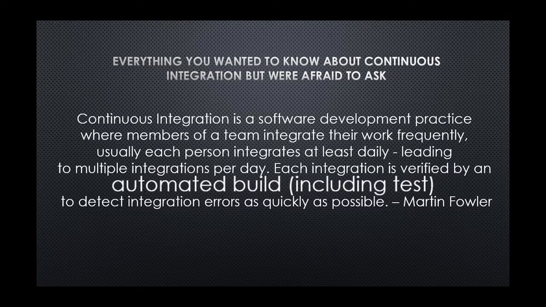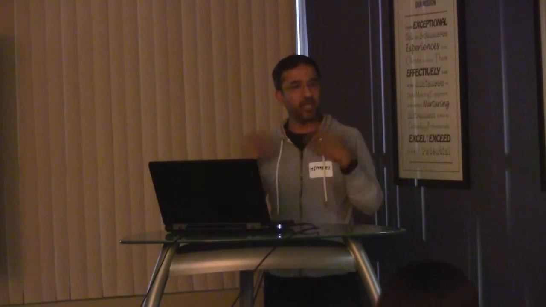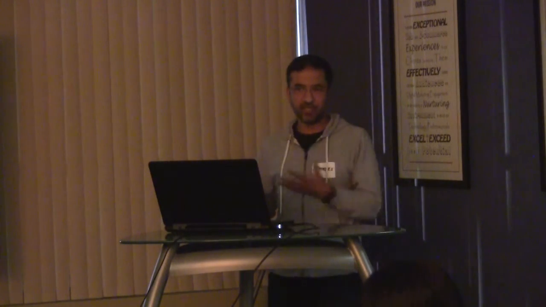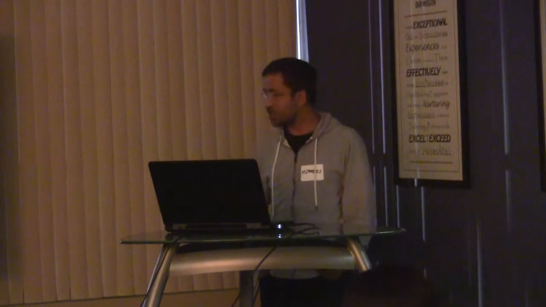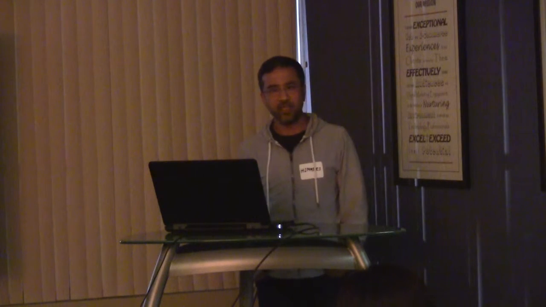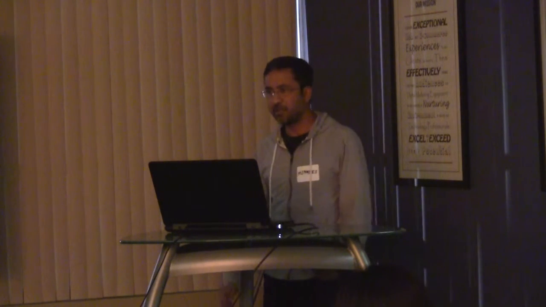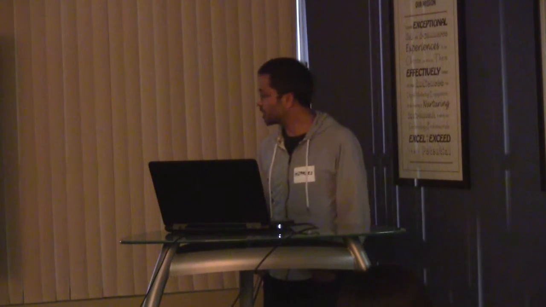So continuous integration is like you write some code, your code will be compiled and built, and if the code has unit test code in it, it will be tested automatically, and everything will be done in an automated process.